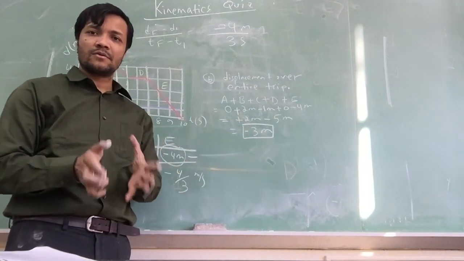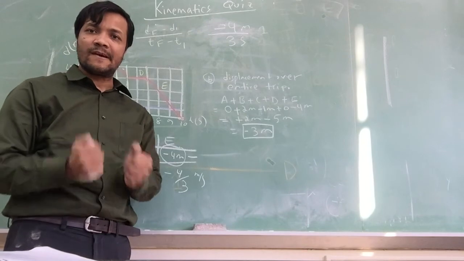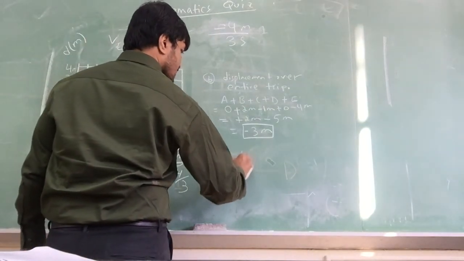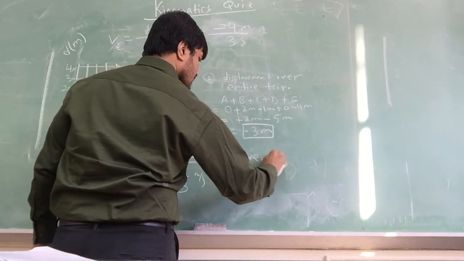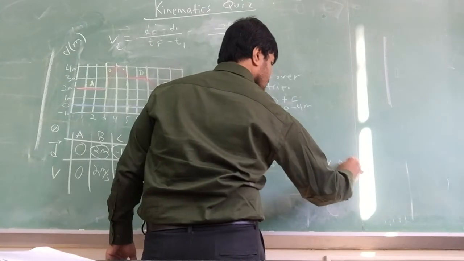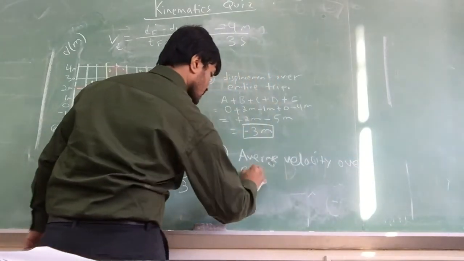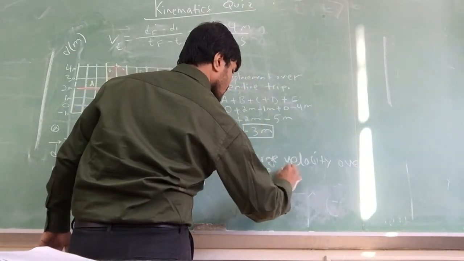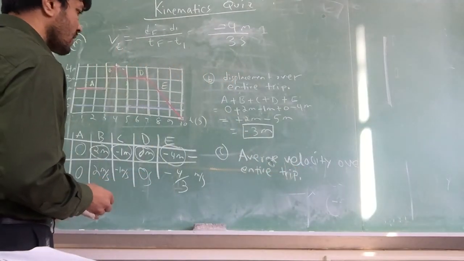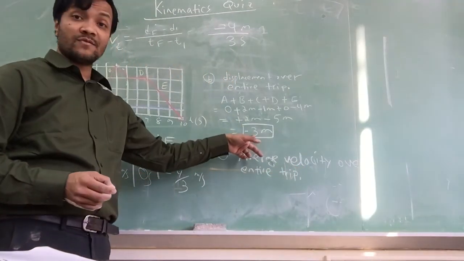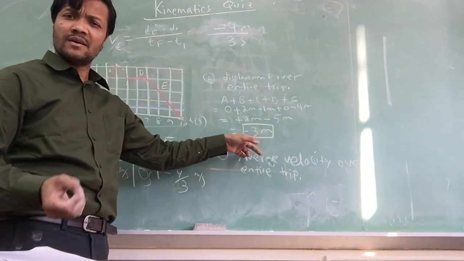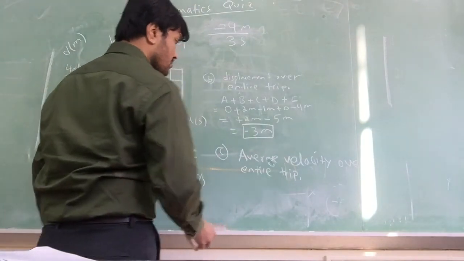Now the final question I ask you to find is the average velocity over the entire trip. How can you find that? You already found the displacement over the entire trip, which is -3 meters.